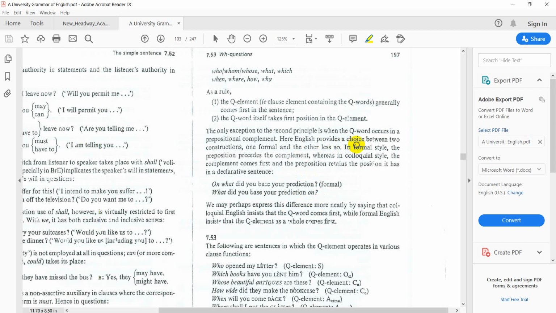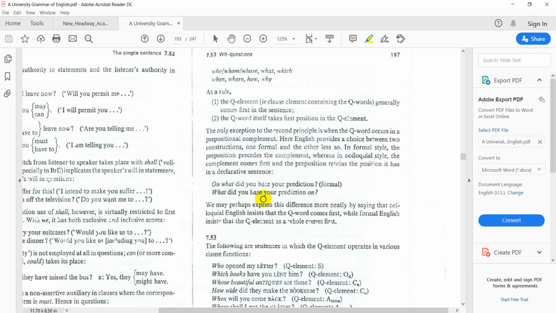Here, English provides a choice between two constructions, one formal and the other less so, informal. In formal style, the preposition precedes the complement, whereas in colloquial style, the complement comes first and the preposition retains the position it has in a declarative sentence, at the end of the sentence.